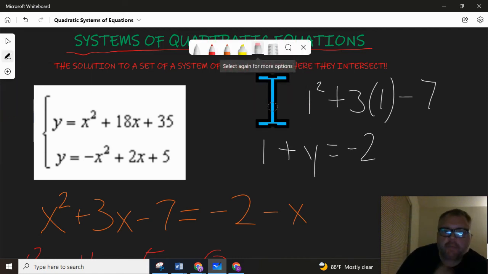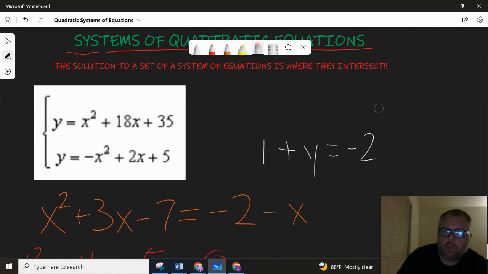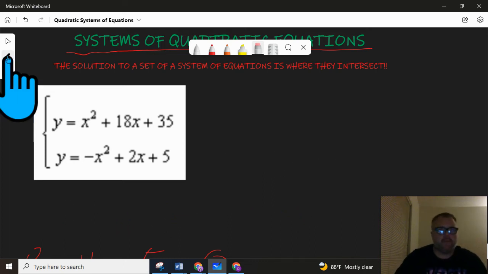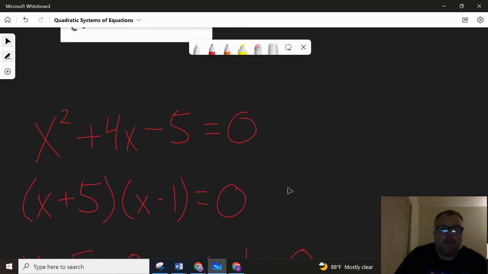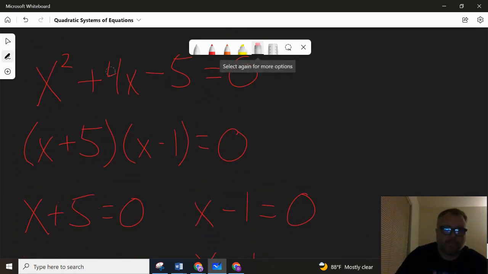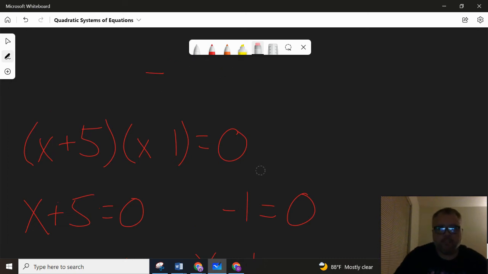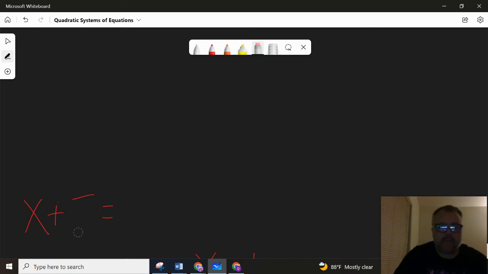So let's go ahead and clear the board. We got another system here. This time they're both quadratic. But it's going to be the same idea.